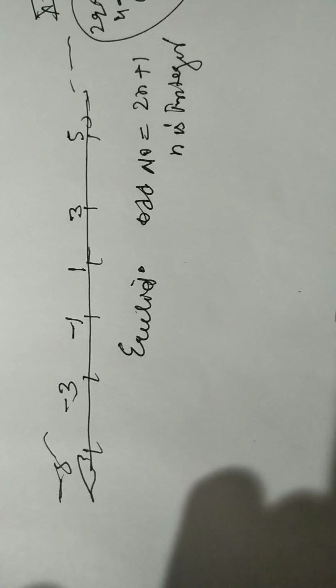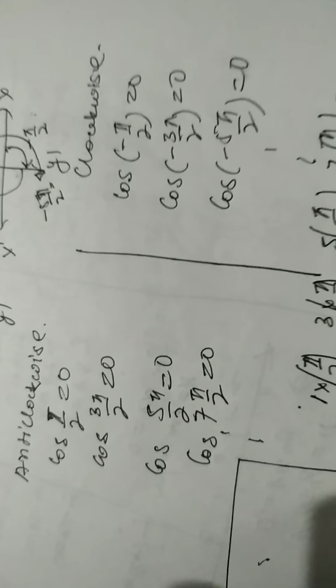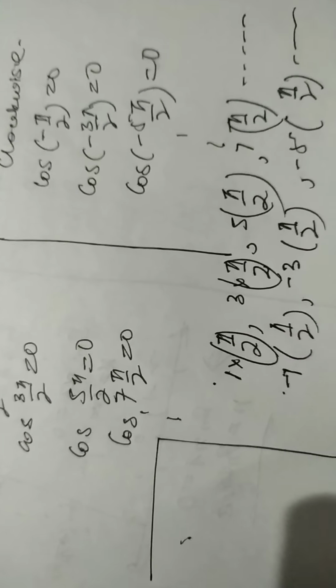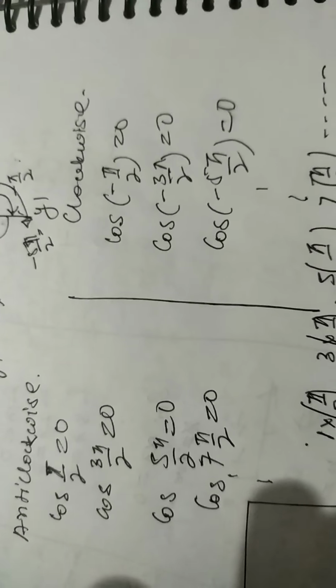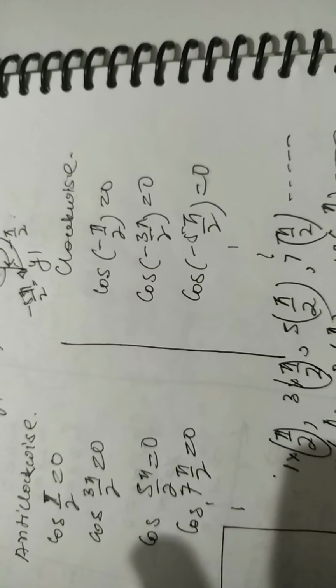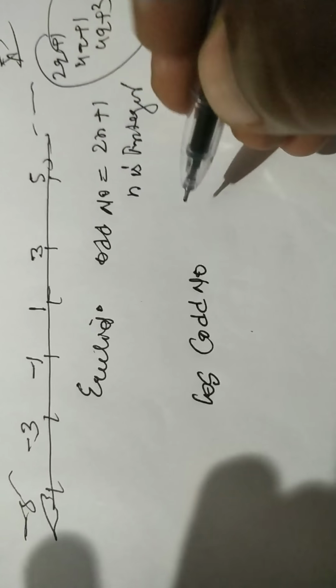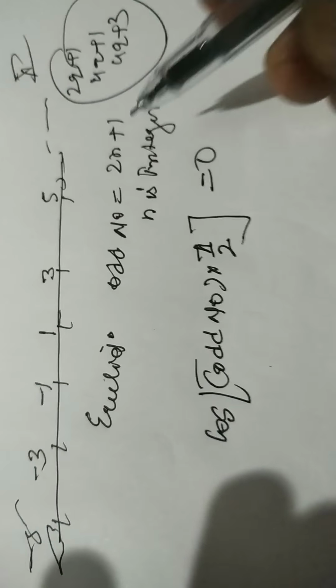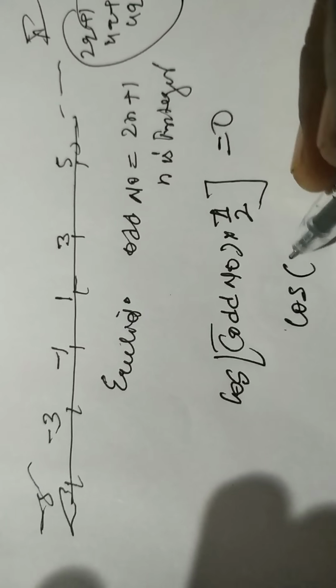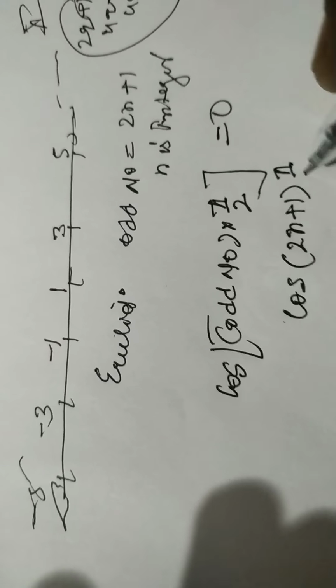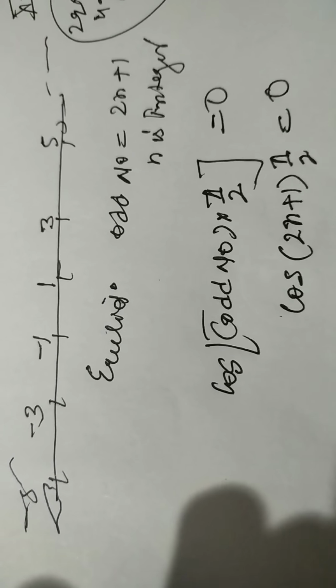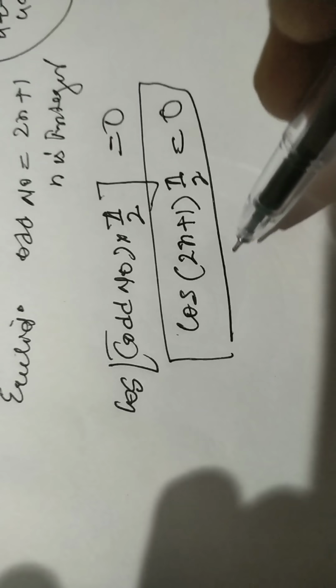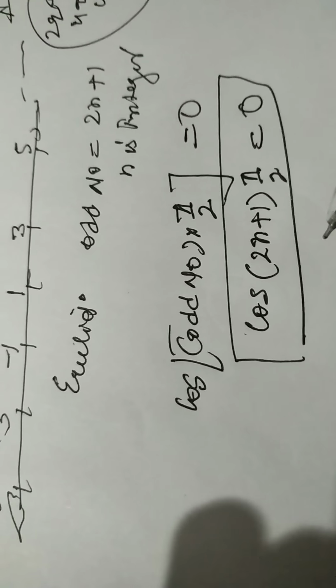So in terms of the cos angles, all are odd numbers multiplied by π/2. That means cos of an odd number into π/2 is 0, and writing the odd number as 2n plus 1, cos((2n+1)π/2) is 0.